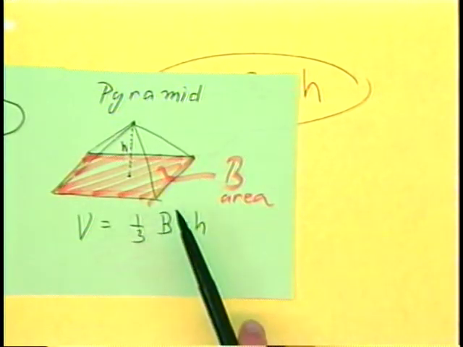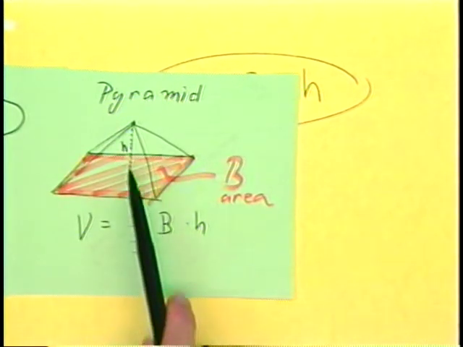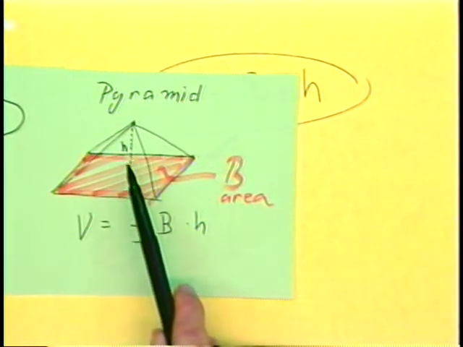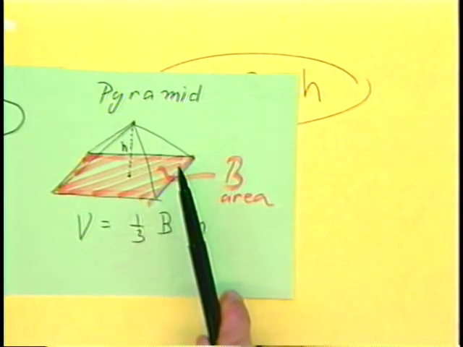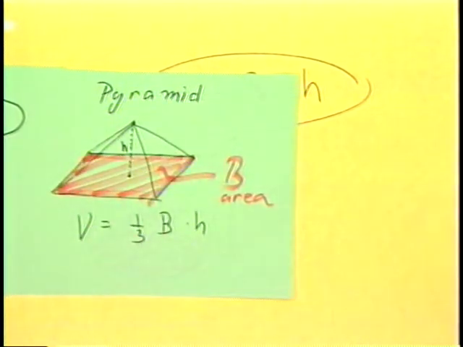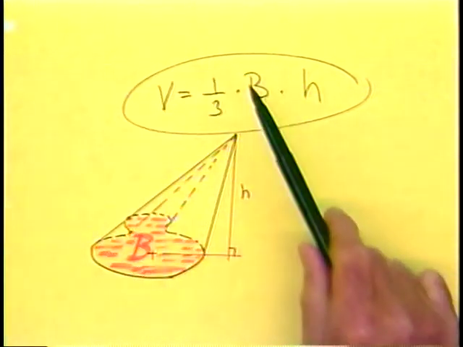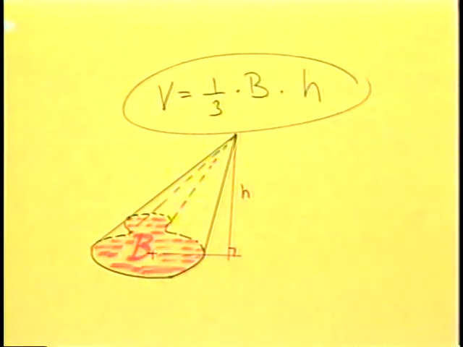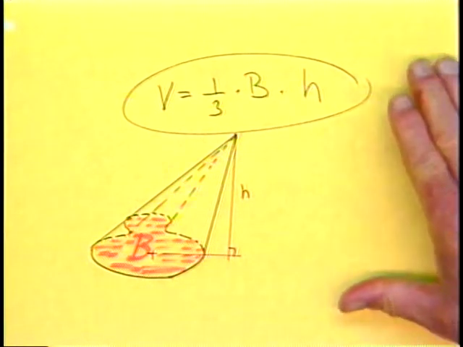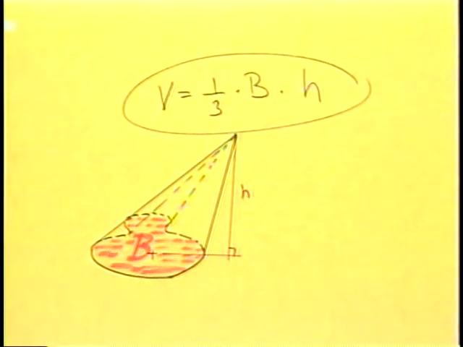That's 1/3 the area of the base times the height between them. This would also work if this had been slanted rather than being symmetrical as it is here. You might want to look these generalized formulas up in a math handbook if you use formulas a lot, because by generalizing formulas, you will have fewer to remember.